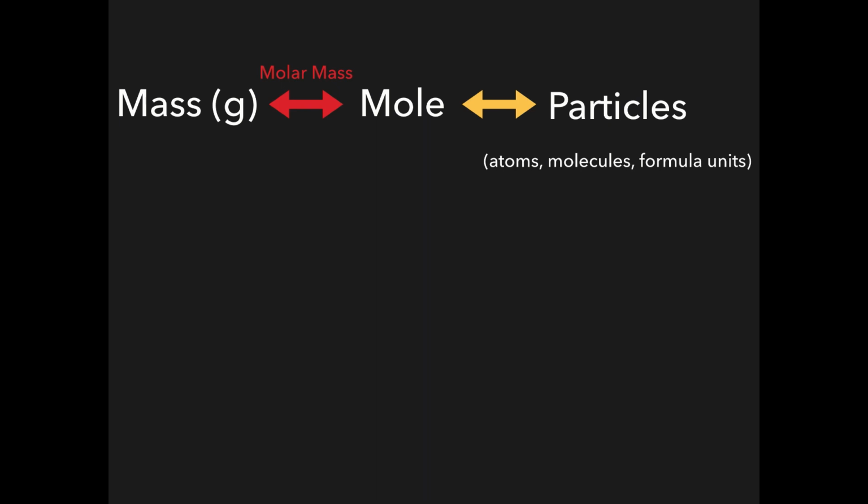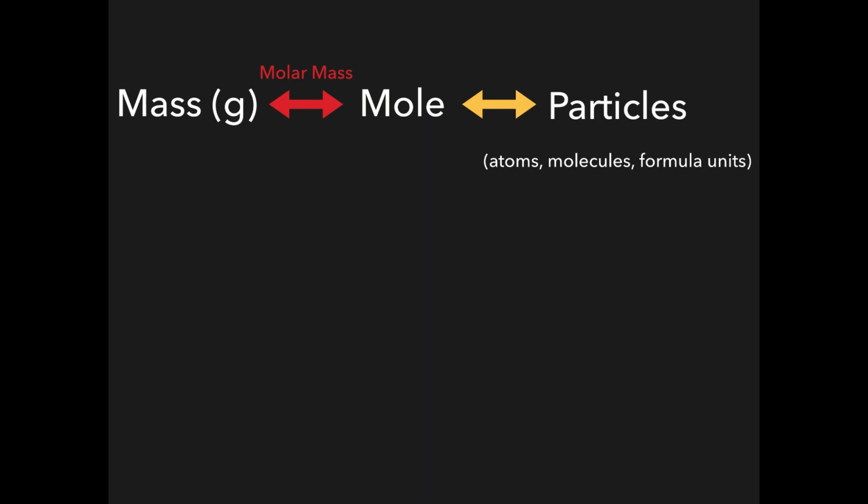When we have a molecular compound, like carbon dioxide, nitrogen dioxide, or water, we refer to the particles as molecules. Those are substances that experience covalent bonding, so those would be molecules, two nonmetals.